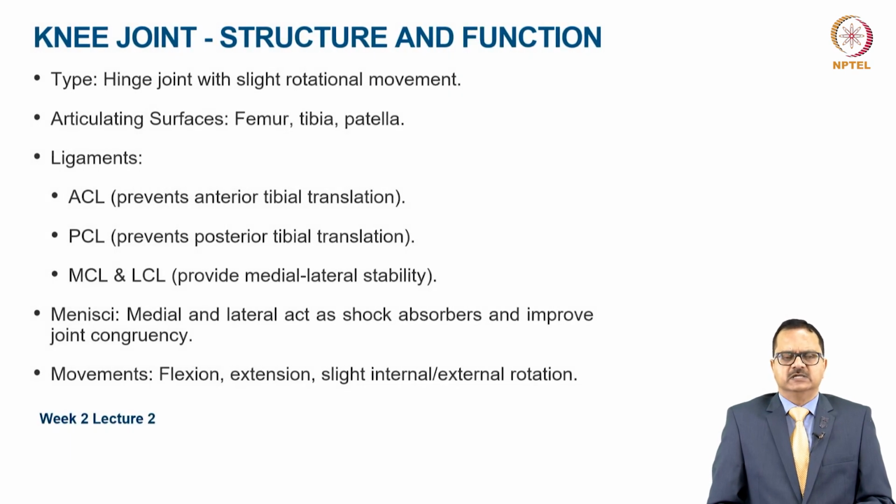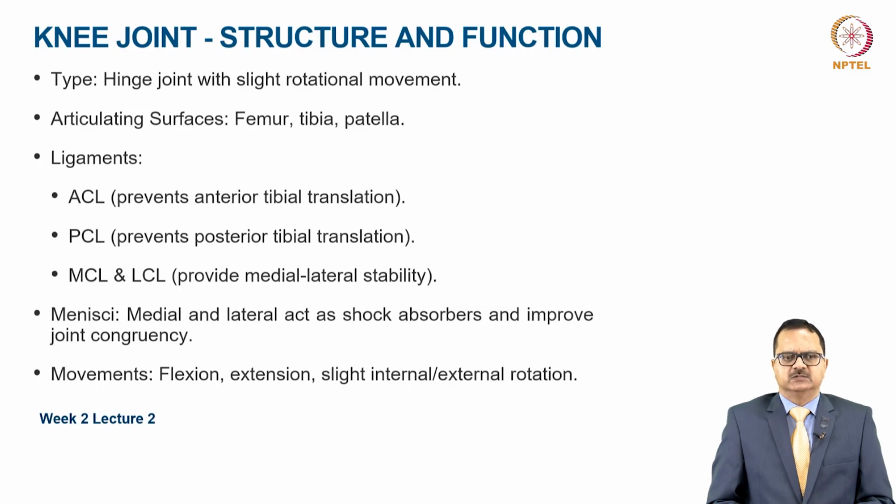Let's come to the knee joint. The knee joint is a hinge joint which allows a limited amount of rotational movement. The articulating surfaces are the femur, the tibia, and the patella.